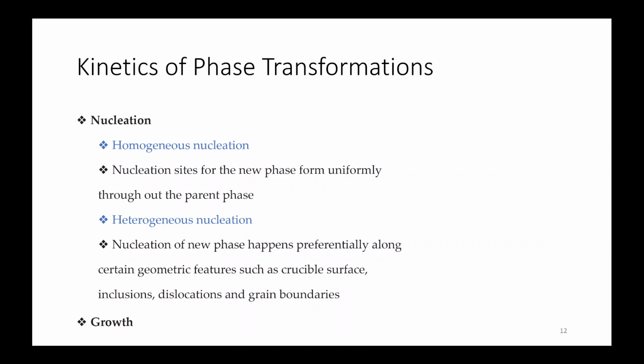No, heterogeneous means there can be already existing inclusions present which are in solid state. So it doesn't mean there will be more than one phase. There can be a single phase as well. A single phase is nucleating, but there are already some inclusions present.